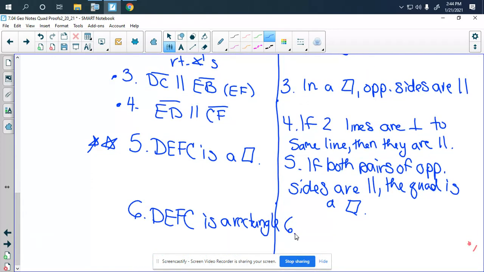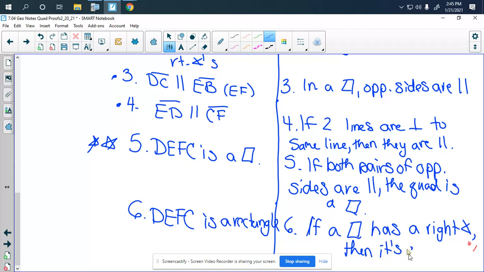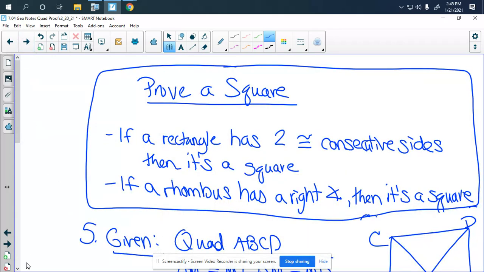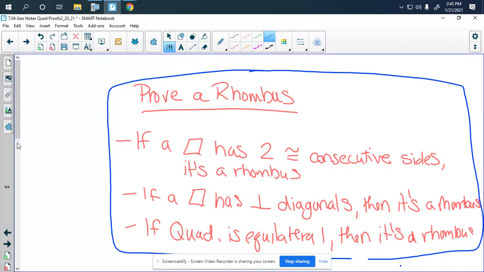So I can say if a parallelogram has a right angle, then it's a rectangle. So you can get it to have 4 right angles, but you don't need to. And in this case, we don't have enough information to get 4, so we only need to get 1 right angle there.